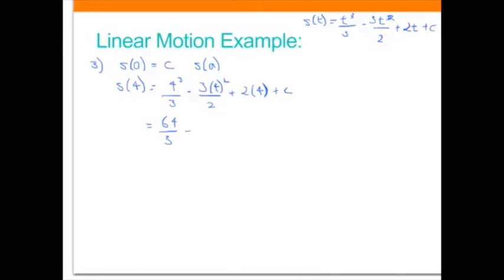There's going to be take, what's that going to be? 24 apparently, so we get 48 on 2 plus 8 plus C. So obviously that's going to give us 64 on 3, take 24 plus 8 plus C, which will give us 64 on 3, take 16, won't it?